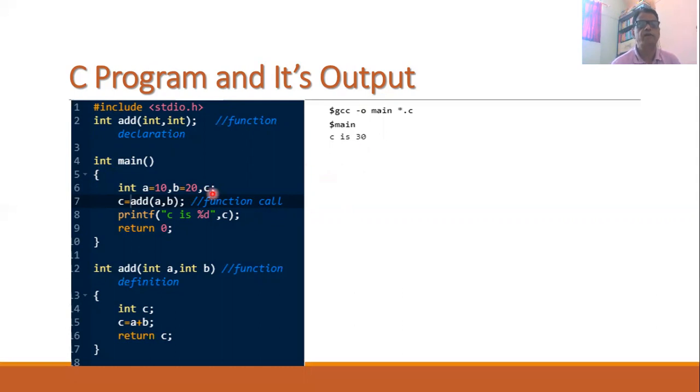So the values of a and b will be passed to this function, and then the value of c will be computed by adding a and b, and this value will be returned at this point, and the value of c will be 30, and this value will be printed over here.